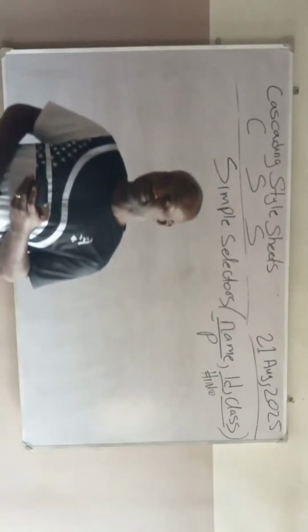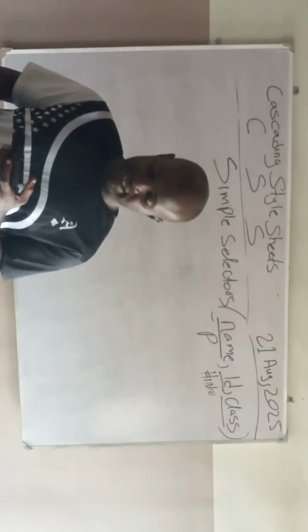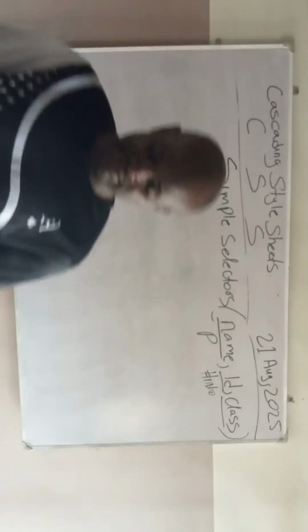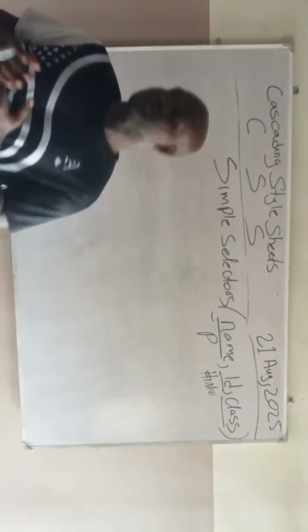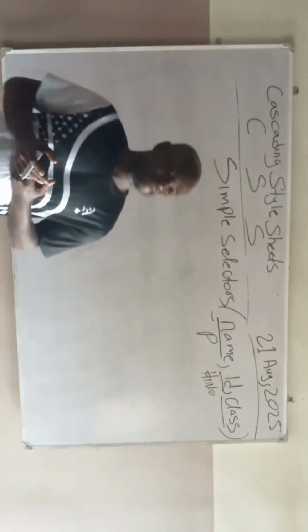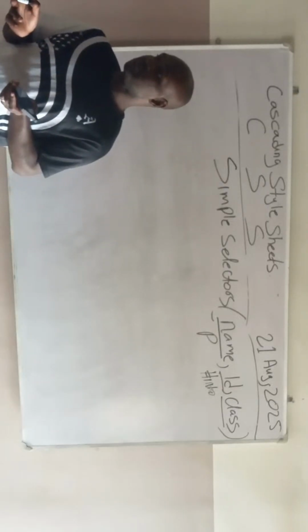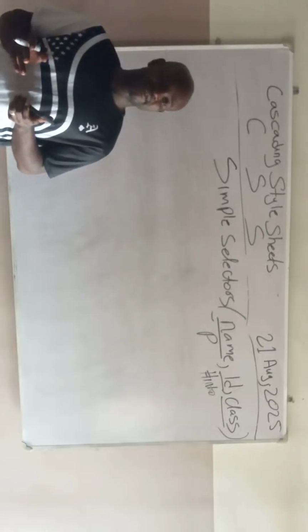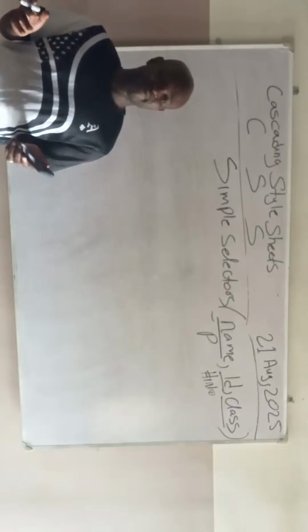Differentiated, different from others by what? Kind. Which means by kind, for example, we can classify this class into boys and girls, or based on male and female. We can classify this class based on age group.